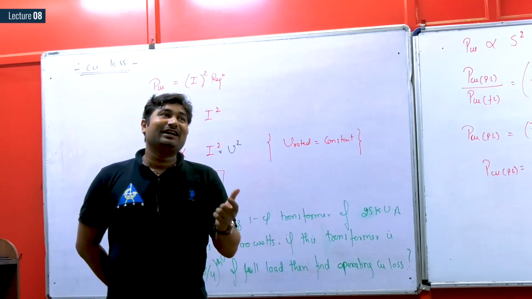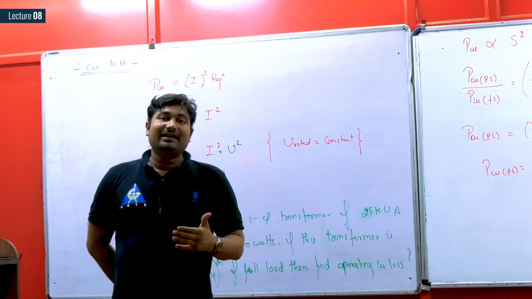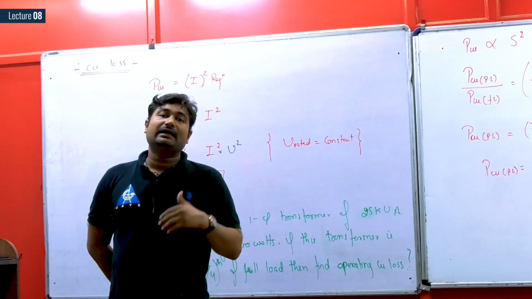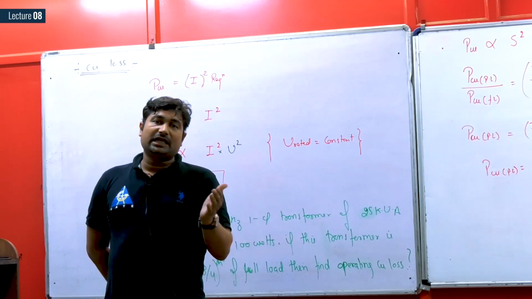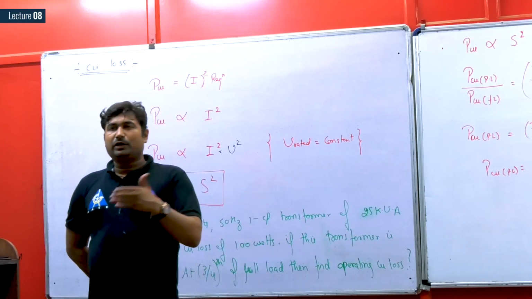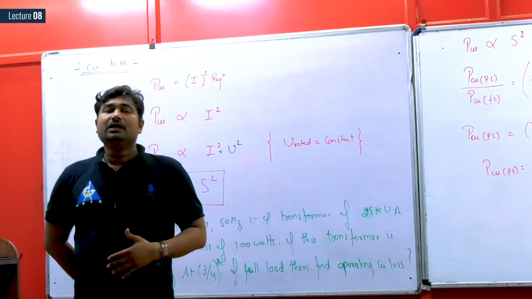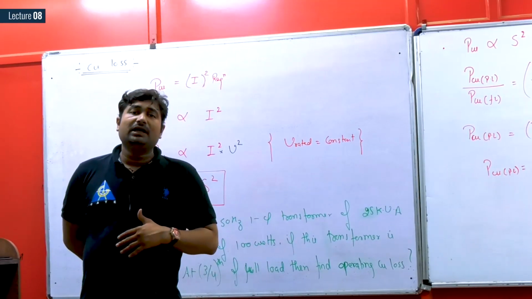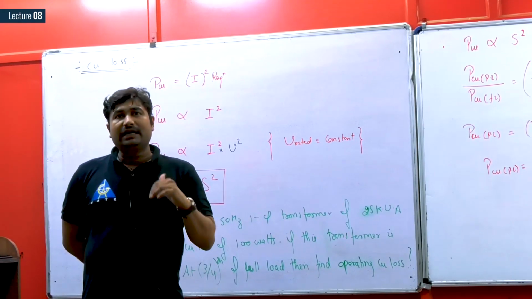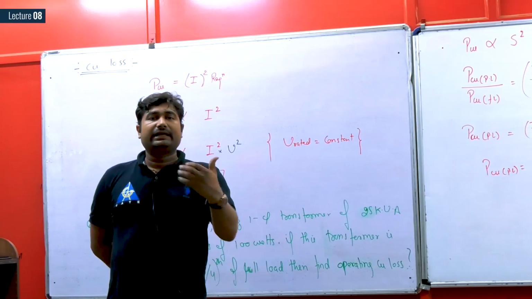So if the undefined users come onto the load end, then definitely the load on the transformer will be more than the rated, and under such conditions your transformer will be cut off, because protection equipment is already installed on the transformer. So the transformer is not going to be damaged, but the supply is interrupted. As soon as the undefined users come into the picture, the supply is interrupted, and again the same thing will happen.